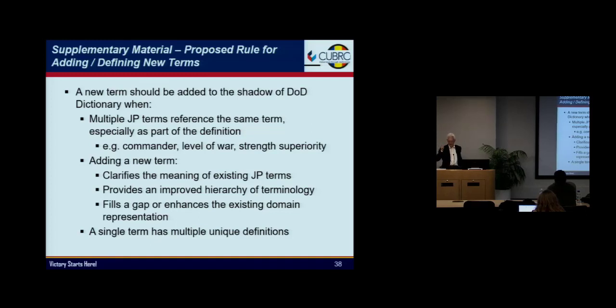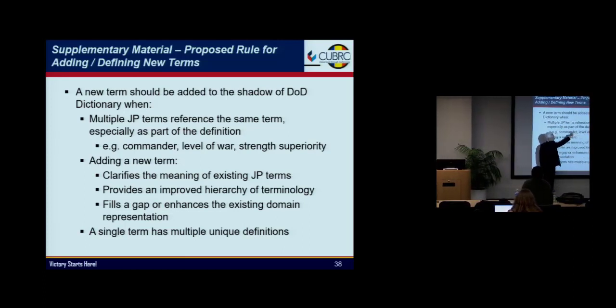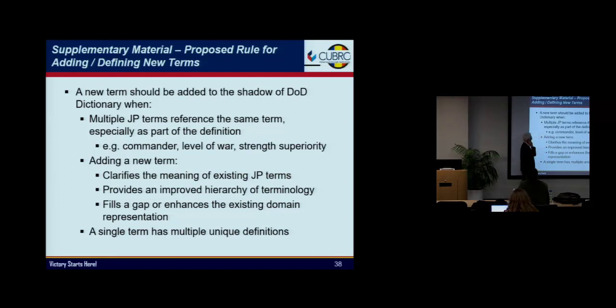So when do we add terms into the common core ontology when they're missing from the joint dictionary but used in the joint pubs? Well, first of all, we have the rule that there have to be multiple joint publication terms which use that missing term. Secondly, that adding a new term will clarify the existing terms.